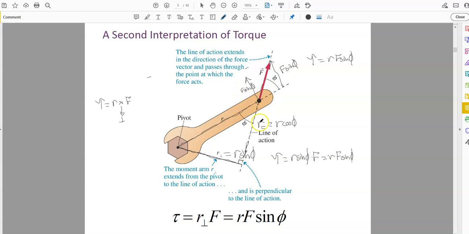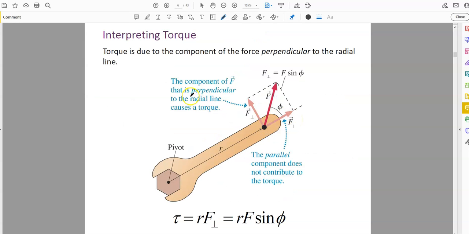In that case, instead of reinterpreting all these angles, because your geometry has to be pretty good to do that, it may be easier to just look at the moment arm itself, the distance of the moment arm, as the perpendicular part, which we just did here. I like to do them both just to double check my work. So in later problems, I'll show you how to do both methods.